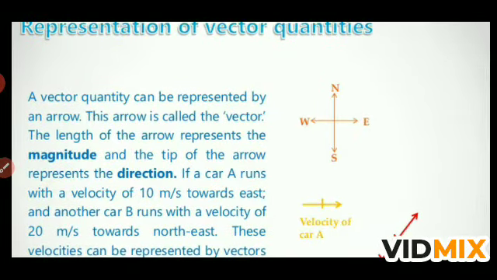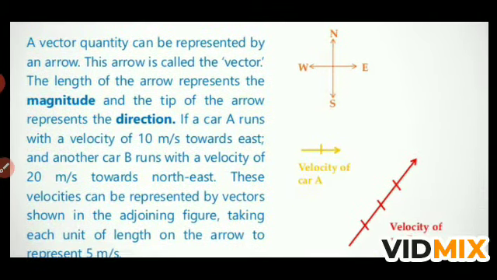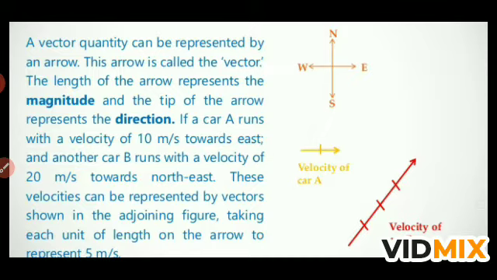This also we had discussed, but here with the example I want to discuss once again to revise the thing. This is a map, east, west, north, south is drawn here, and a vector quantity can be represented by an arrow. This arrow is called the vector. The length of the arrow represents the magnitude and the tip of the arrow represents the direction.